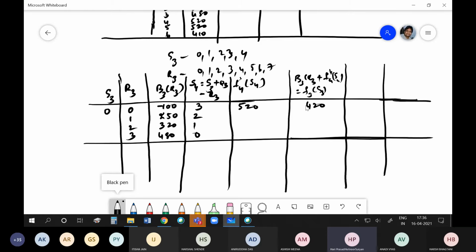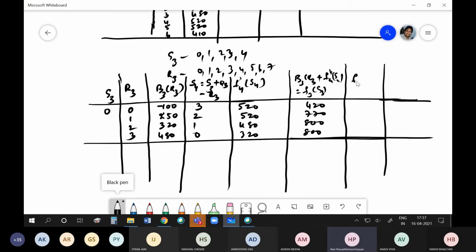Okay. So then 250 plus 520 will be 770. This is 480 plus 320, so this is 800. So what should I do?